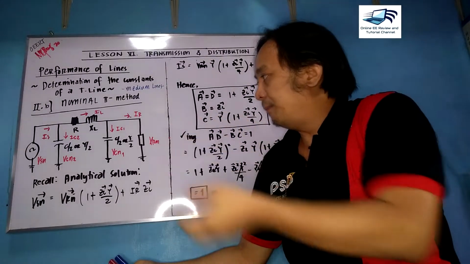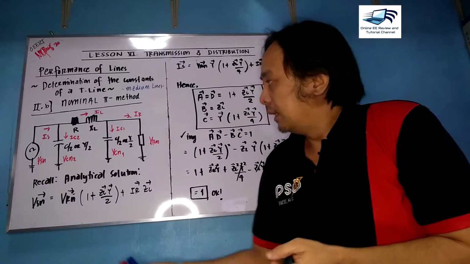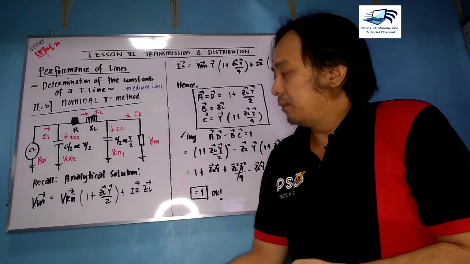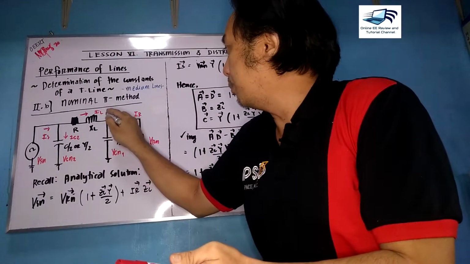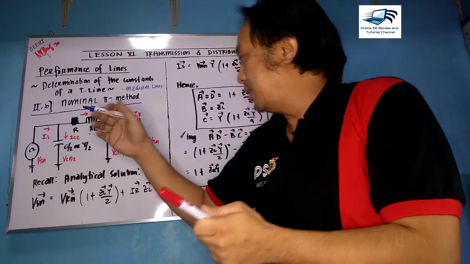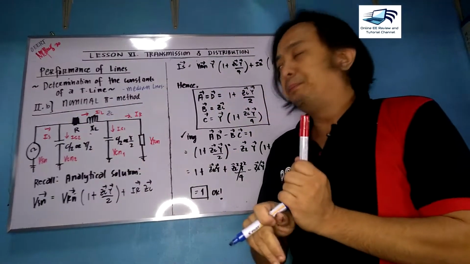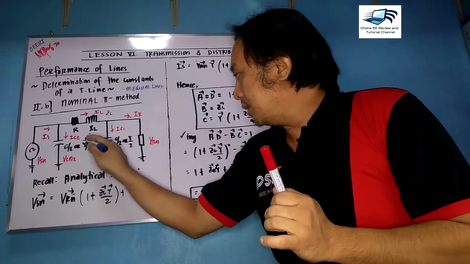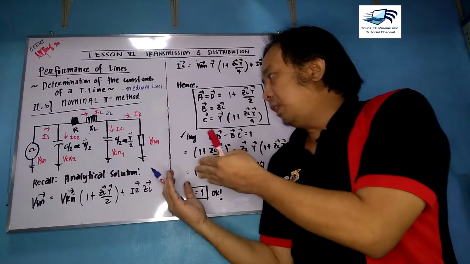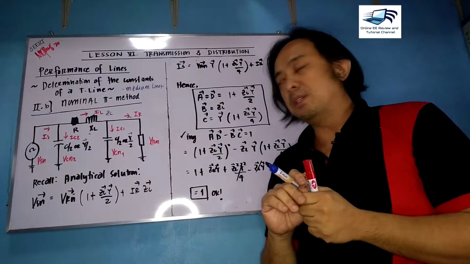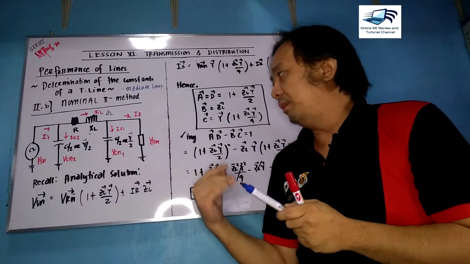Okay, we just need to recall what is this nominal pi. So here, the ZL, which is composed of R plus JXL, is lumped on the midpoint, and your admittance is distributed along your receiving end and your sending end voltages. So you have Y all over 2, Y all over 2.